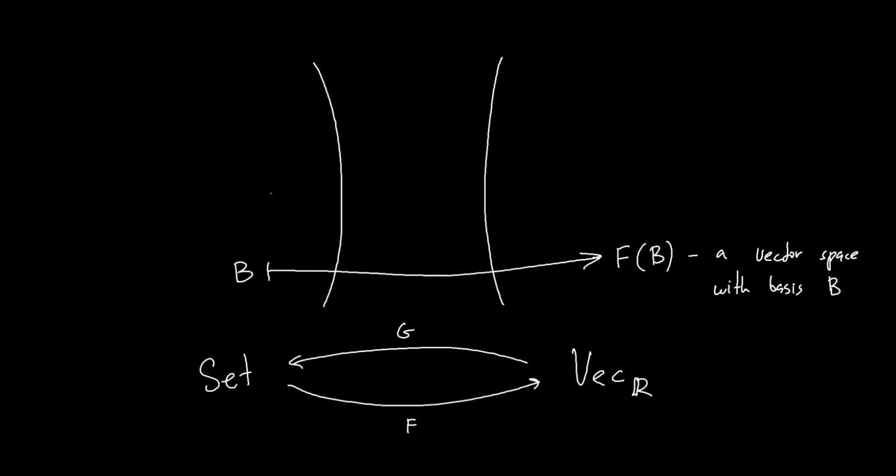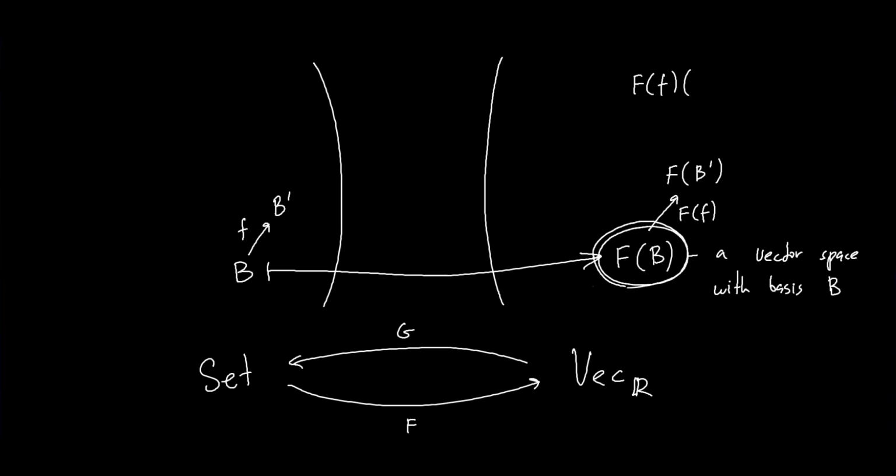How is it a functor? If I have another set B prime, and if I have a function f between them, I could get a linear map defined the following way: the functor applied to the function f. Because B is a basis here, every vector in here can be expressed as a linear combination of basis vectors.